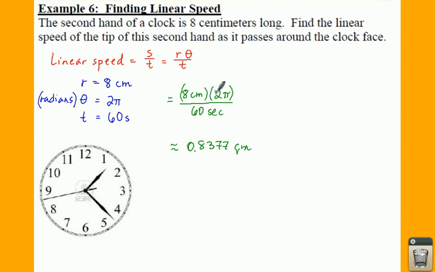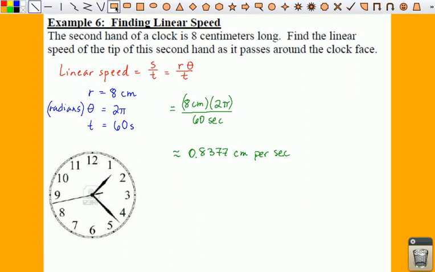Ooh, that's kind of ugly. So that's centimeters per second, and that's going to be your solution. What you need to figure out is which formula you're going to use, and then what your radius, your theta, and your time are going to be. So there's the easy example.